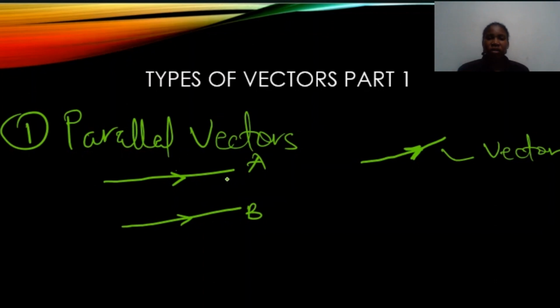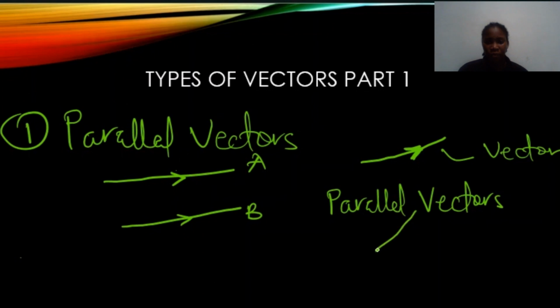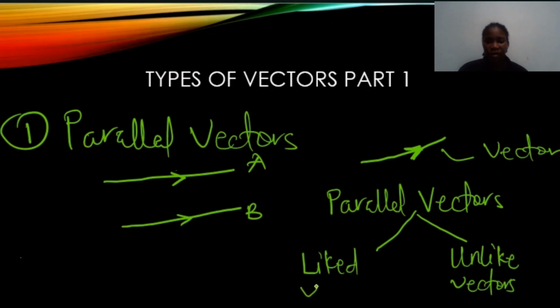When we take these parallel vectors, we split them into two parts. Parallel vectors are split into like and unlike vectors.